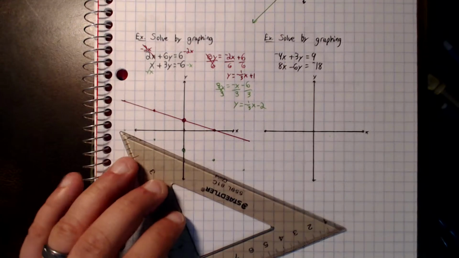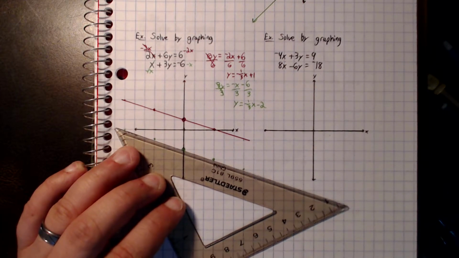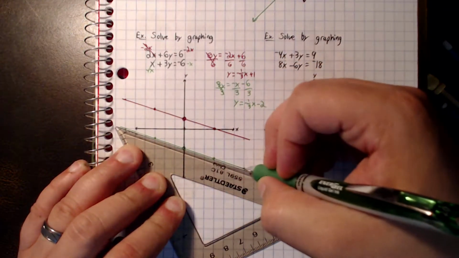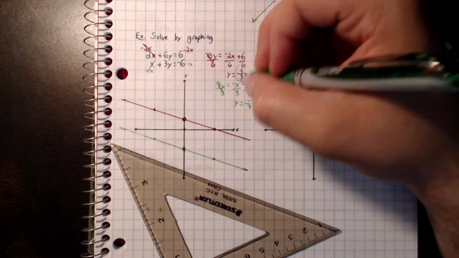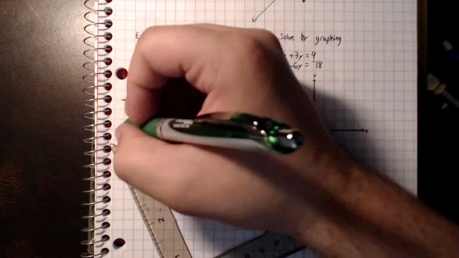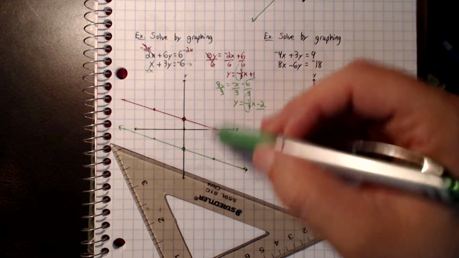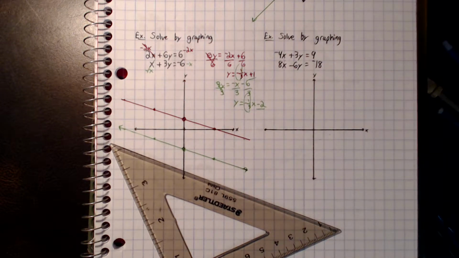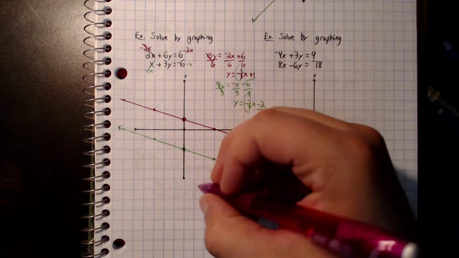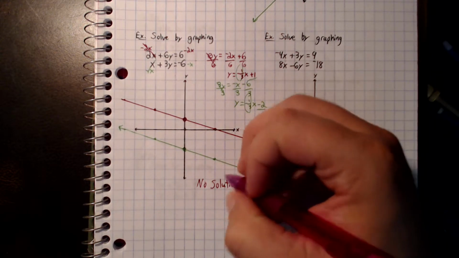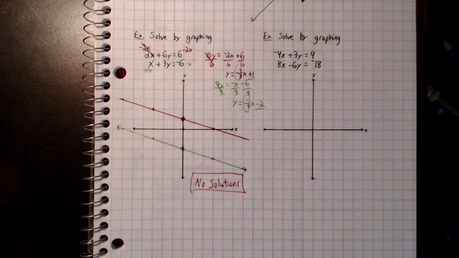Now, I already know this about my slopes. I remember from geometry doing a little bit of parallel and perpendicular. I see that these have the same slopes, right? -1/3, -1/3. And they have different y-intercepts, right? That makes these lines parallel. We said that parallel lines have no solutions, right?